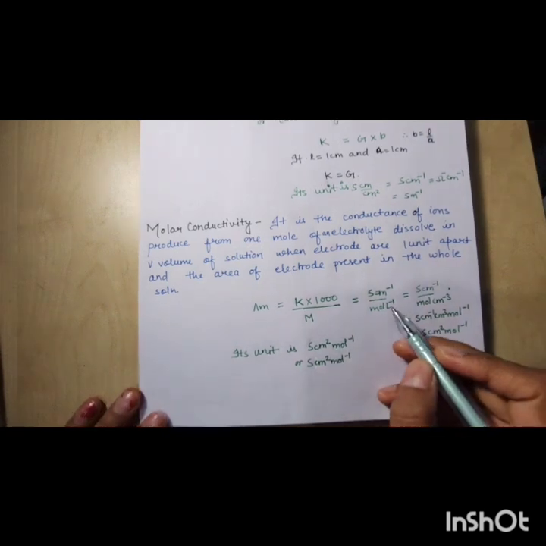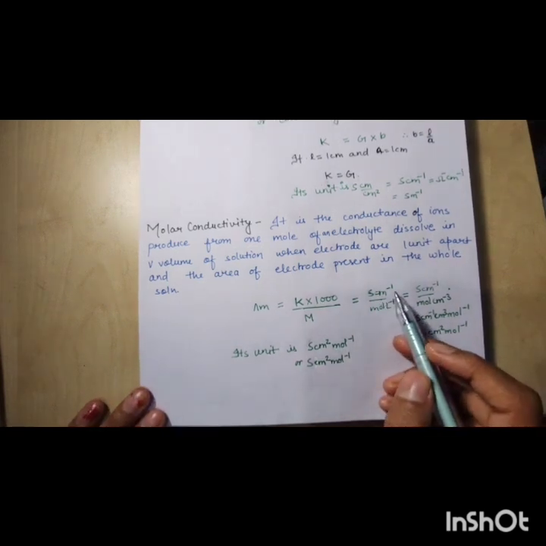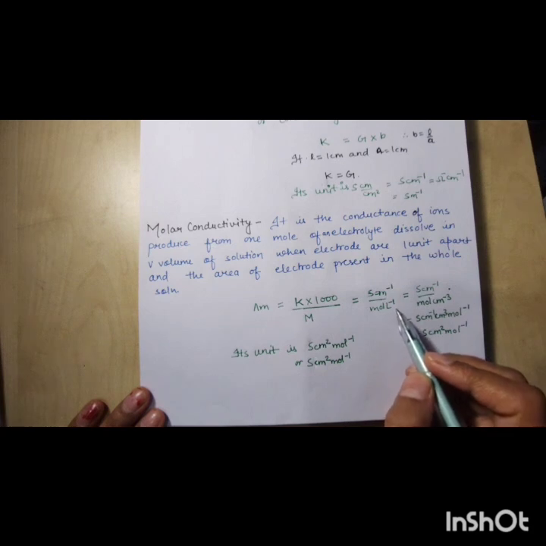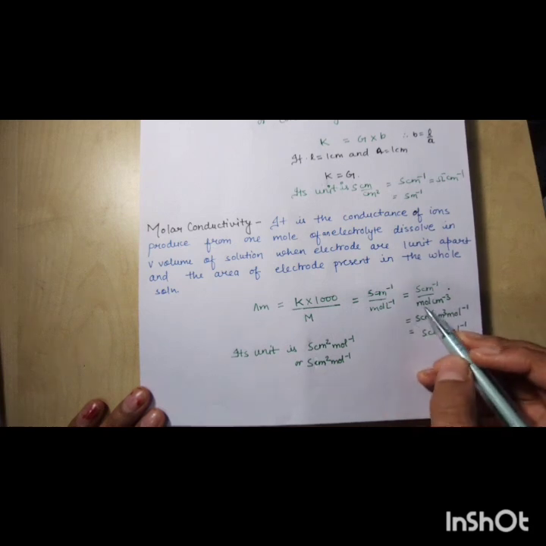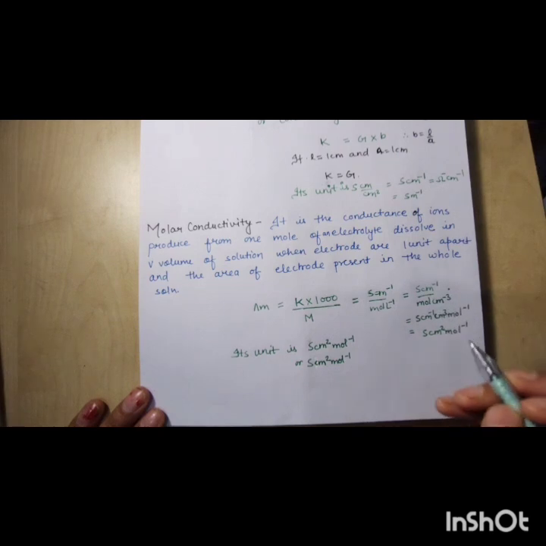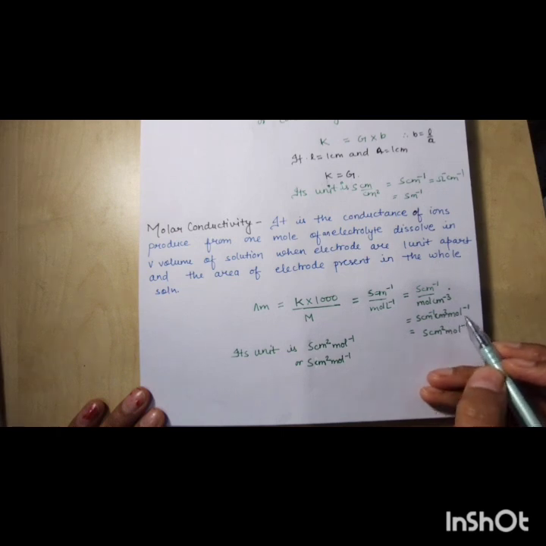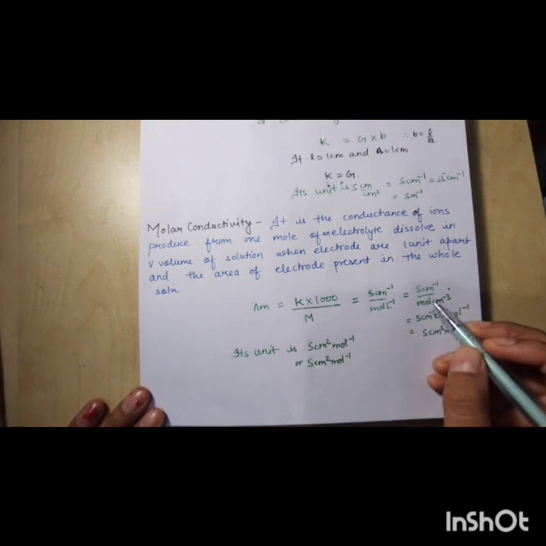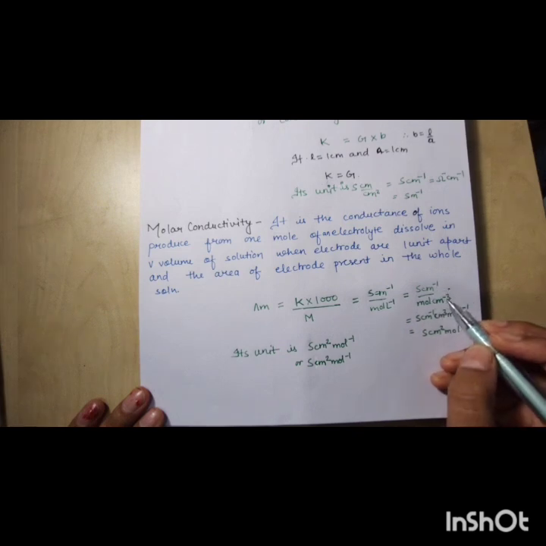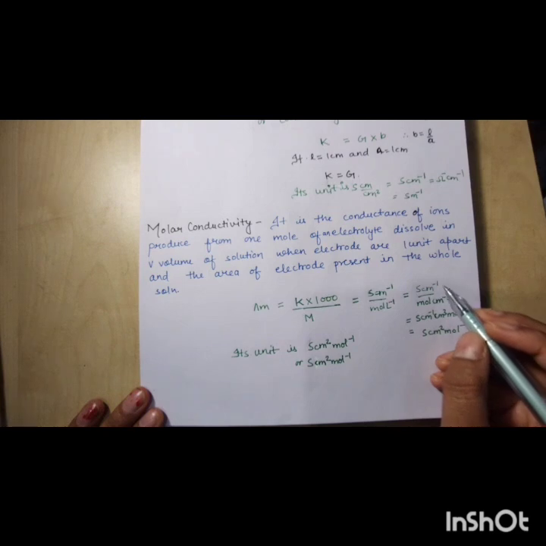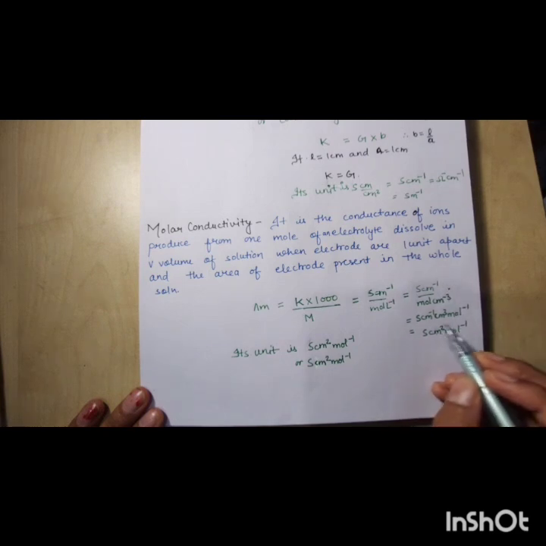Here its unit is Siemens centimeter inverse upon mole per liter, where 1 liter is equal to 1000 centimeter cube, or you can say Siemens centimeter inverse and centimeter cube mole inverse, because if we move upside, mole becomes inverse and centimeter cube becomes cube, minus becomes plus.